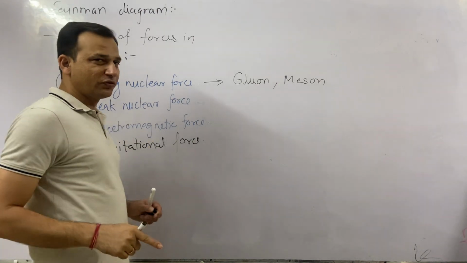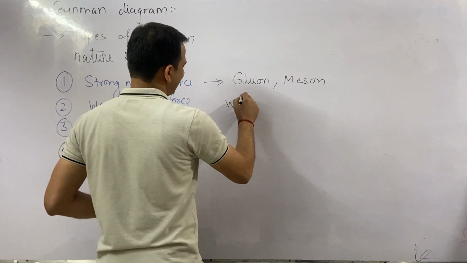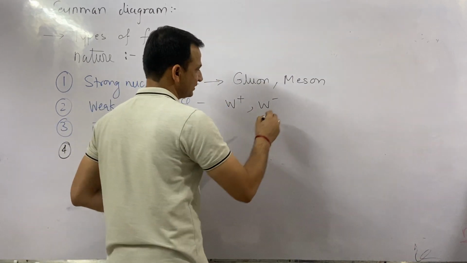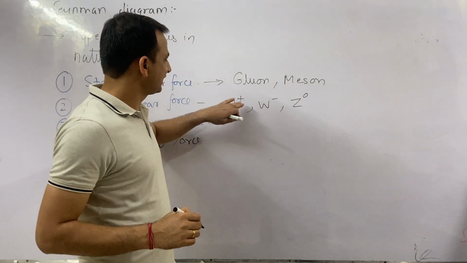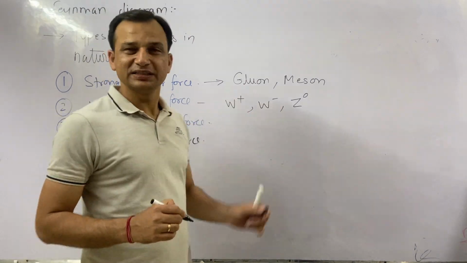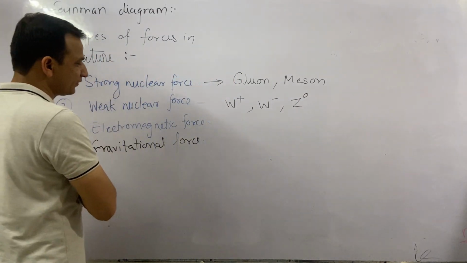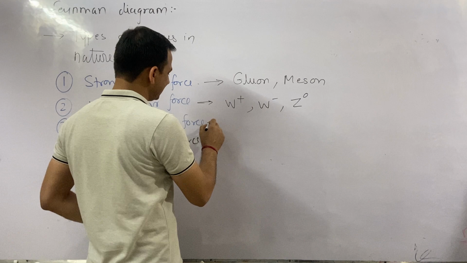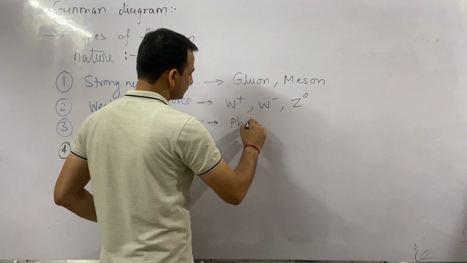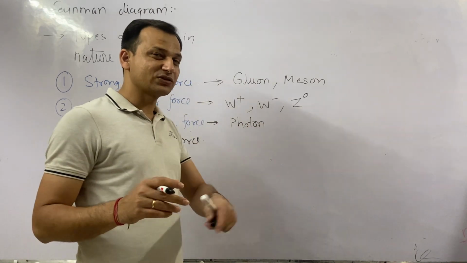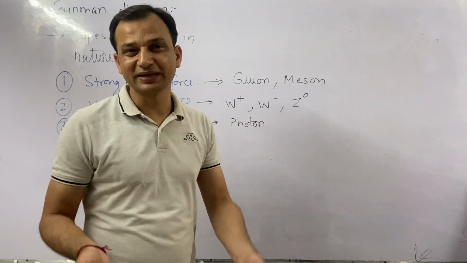For weak nuclear force, the exchange particles are W plus, W minus and Z0. As their signs show, this one is positive, this one is negative, this one is neutral. Electromagnetic force: the exchange particle is the photon, the one which you see in case of gamma rays, or light, or electromagnetic waves.